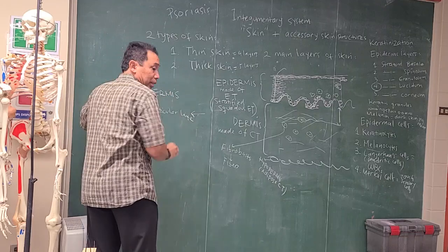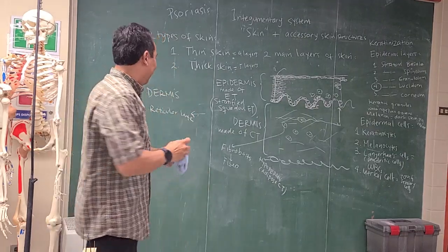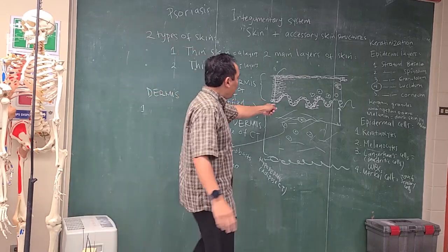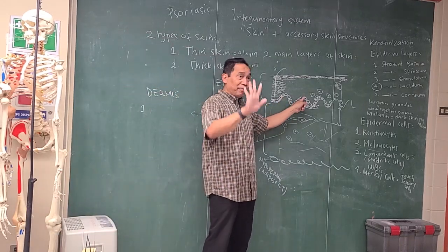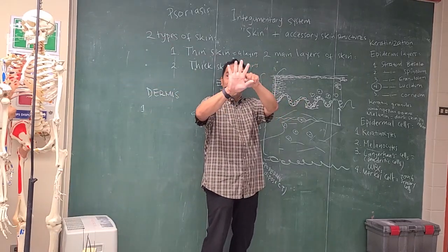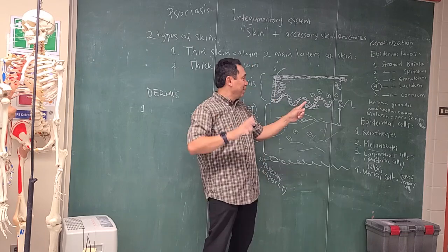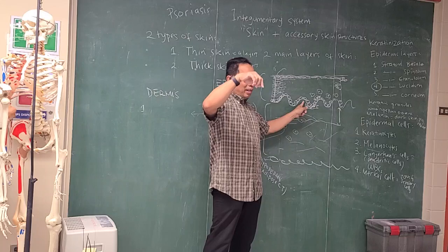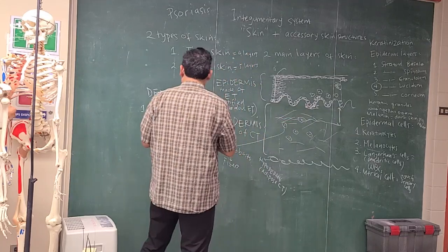I'm sorry, not reticular. The top layer looks like a finger, like a fingerprint. It looks like up and down, up and down, up and down. That layer is called the papillary layer.